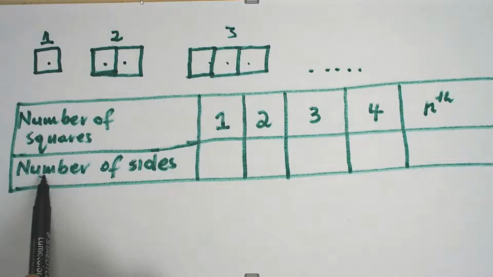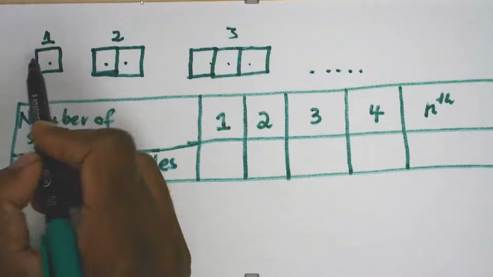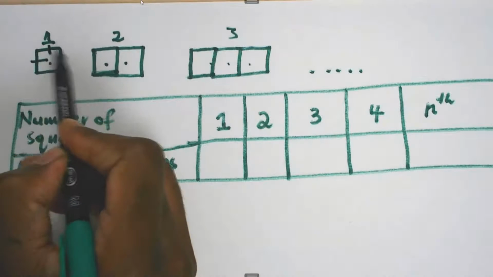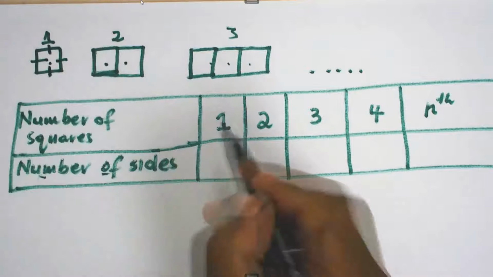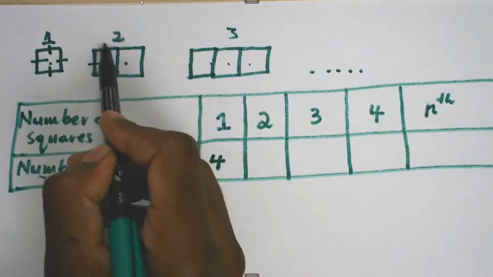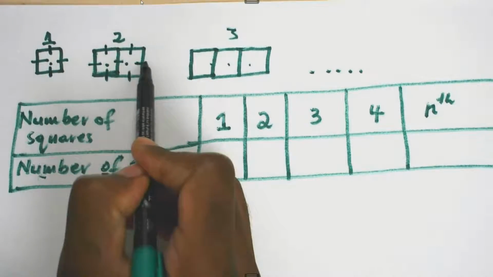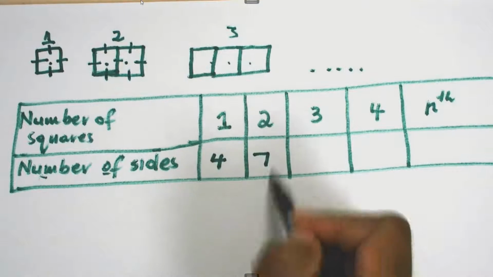Now let us calculate the number of sides in each square. In square 1, we've got 1, 2, 3, 4. So there are 4 sides. Square number 2, we've got 1, 2, 3, 4, 5, 6, 7. We've got 7 sides.